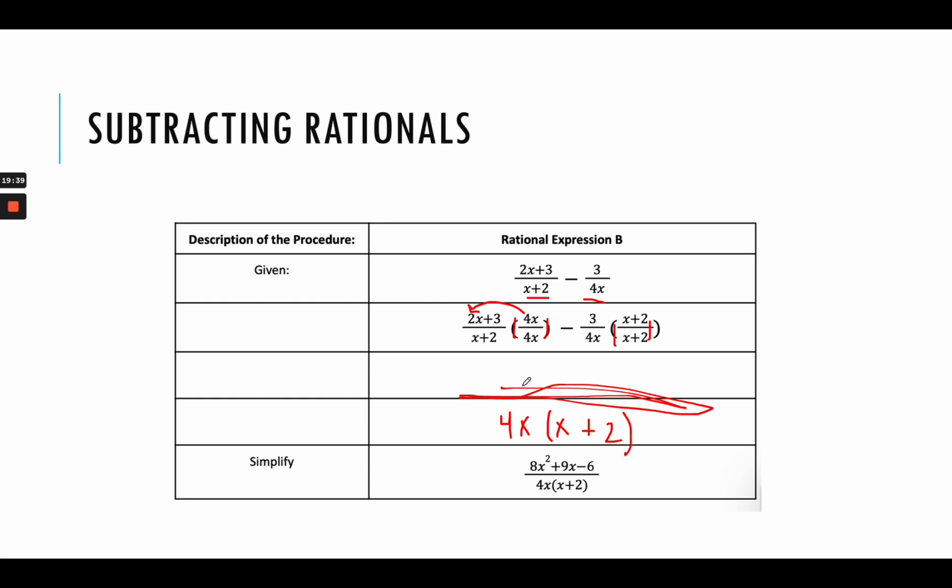Okay, now on top of our division sign, we're doing 4x times 2x, which is 8x squared. Then we do 4x times 3, which is 12x. Okay, this is where you have to be careful with it being subtraction. So we're putting a subtraction sign there, and then we need to put parentheses because we're subtracting everything that we're about to write. Well, 3 times x is 3x, and 3 times 2 is 6.